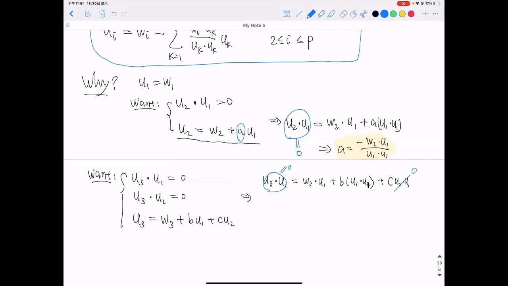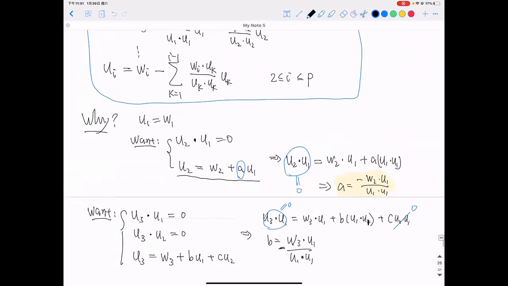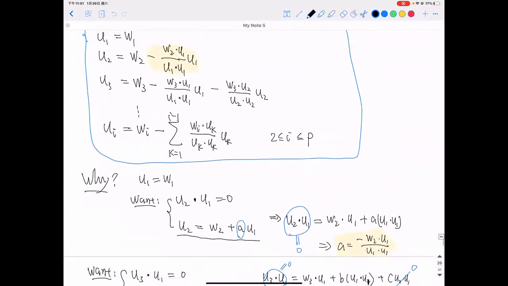So this is forcing us to have B equal to W3 dot U1 divided by U1 dot U1, altogether negative. And it's certainly what we see here.